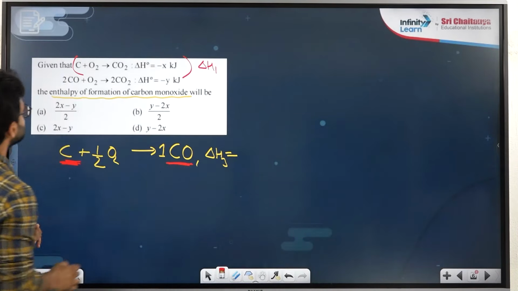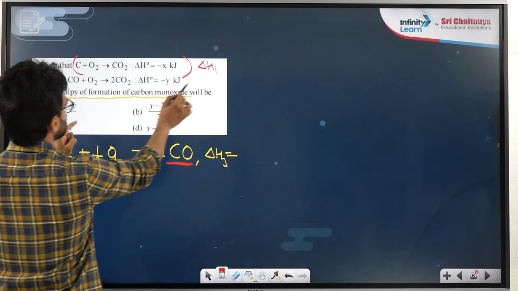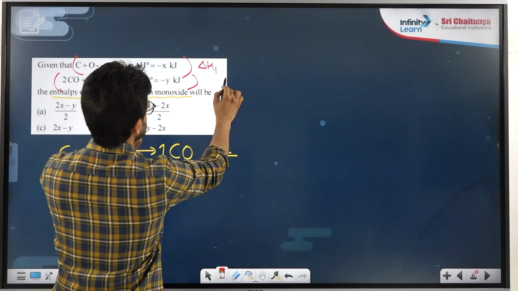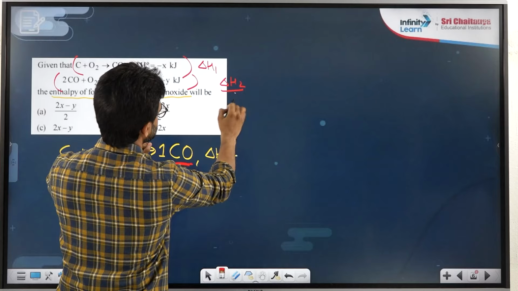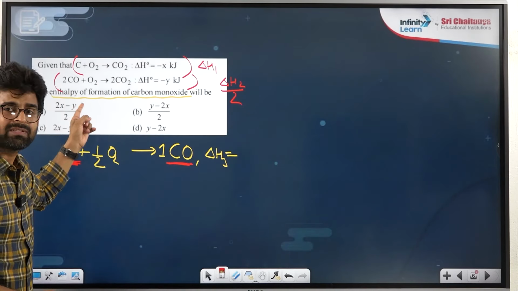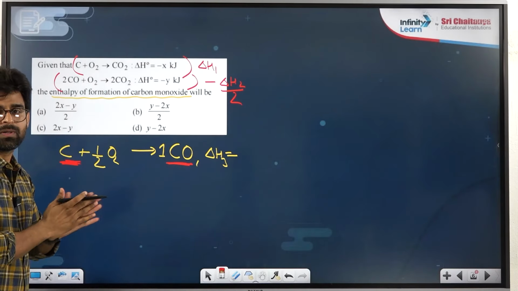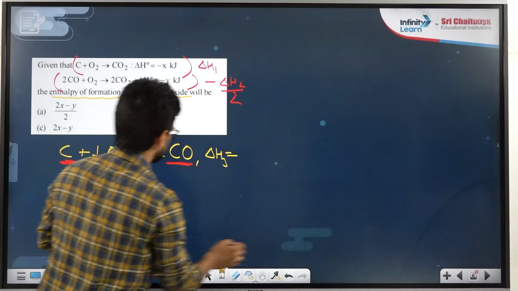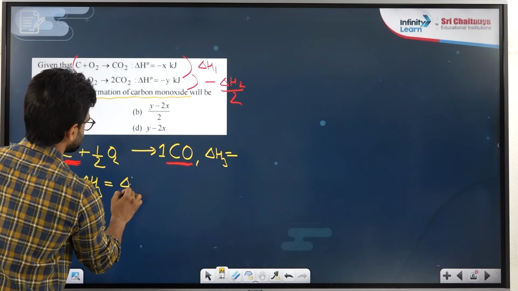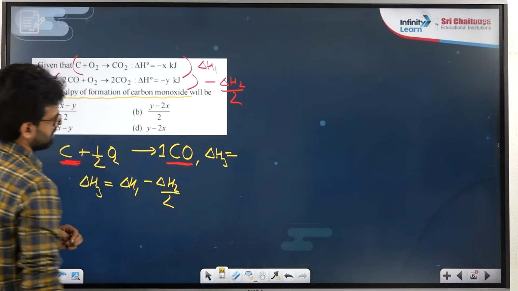I need CO. Where is CO present? In the second equation. But be careful. I need only one CO, but they have given two, so divide it: delta H2 divided by 2. I need it on the right side, but they have given it on the left side, so I will flip it. Because of flipping, what comes, beta? Minus. So overall, delta H3 is delta H1 minus delta H2 divided by 2.